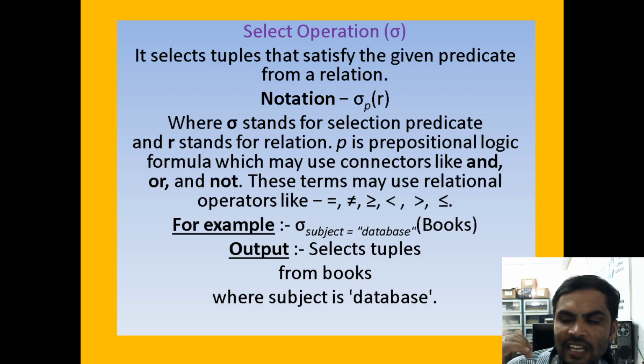After the select statement, the next step is the from clause, where we pass the book table. Under the where clause, where subject equals database, we filter and retrieve only the database records. This is the main usage of the select operator.